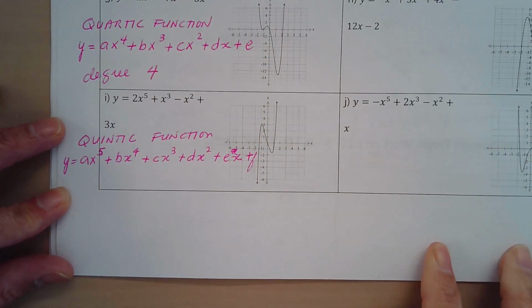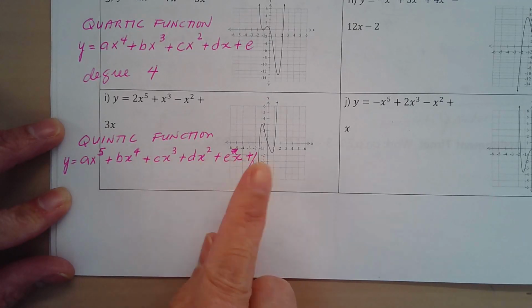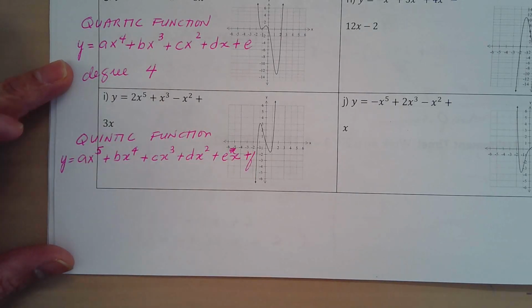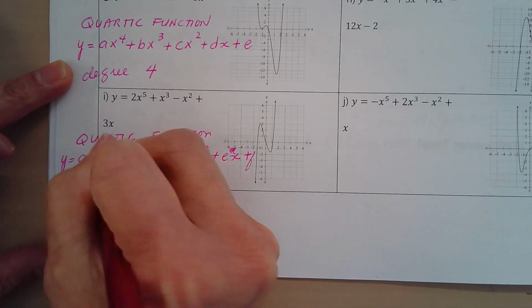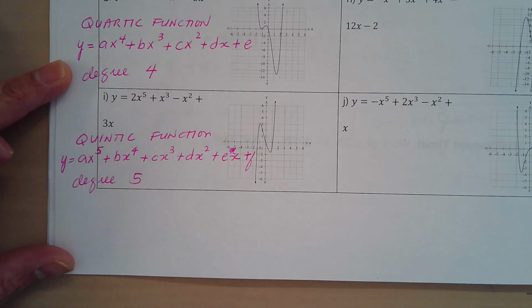Okay, a, b, c, d, e are coefficients, and then the f is the constant. And what's the degree here? Degree is 5. The degree is the highest exponent in a polynomial function. Okay, so that's that.